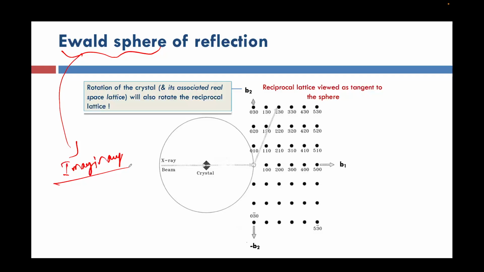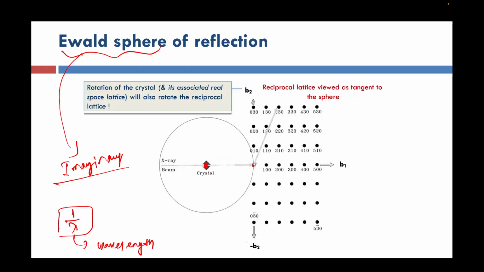After defining the reciprocal lattice vector, he proposed that at the center of this sphere the crystal will be there, and the radius of this sphere is always 1 by lambda, lambda being the wavelength of the incident beam. It can be any incident beam. And most important, the crystal will be staying in the middle, and on one point of the circumference, the origin of the reciprocal lattice will be there.